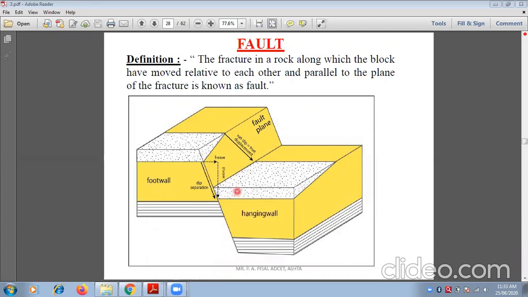Now here another terms are used, that is the up throw side and down throw side. What will be the meaning? Can anybody explain to me?